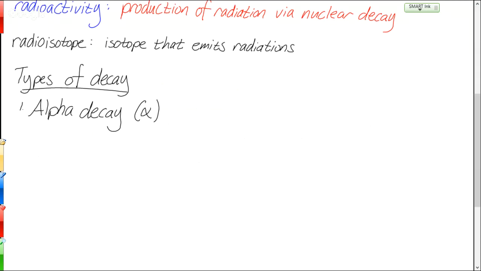So alpha decay is when a nucleus emits alpha particles. Now, what are alpha particles? Alpha particles are helium nuclei.